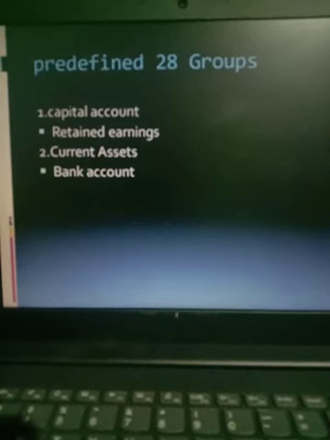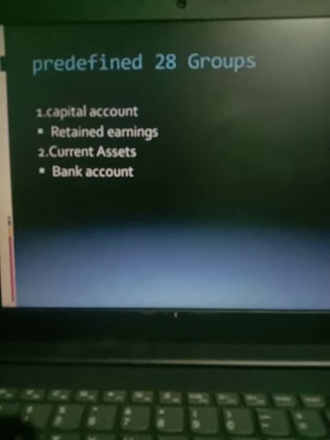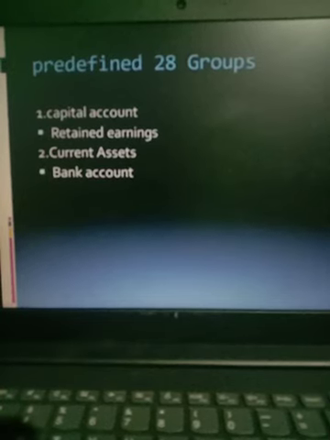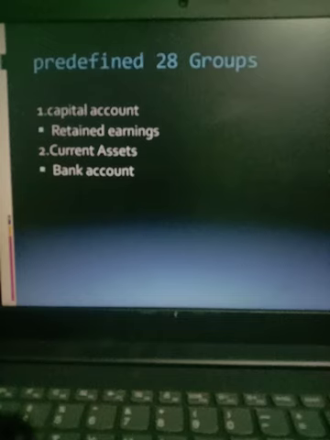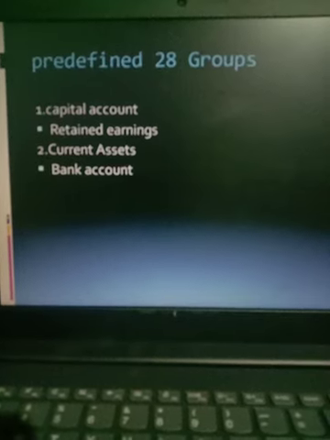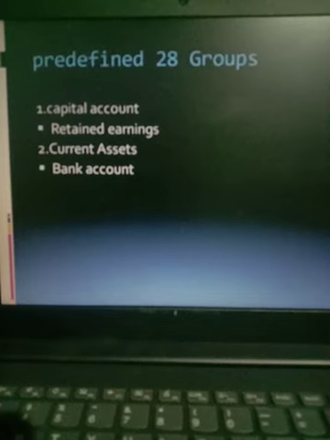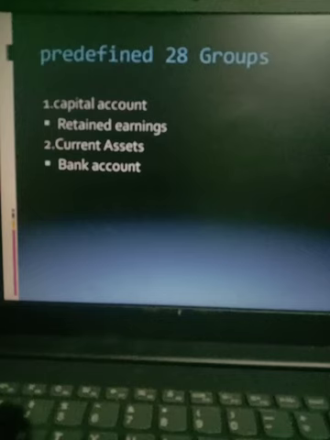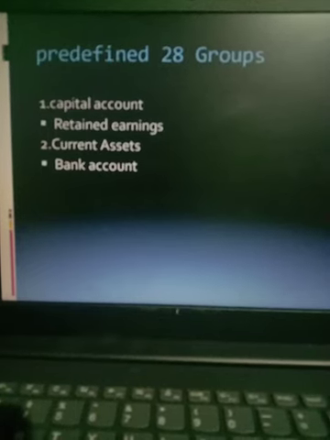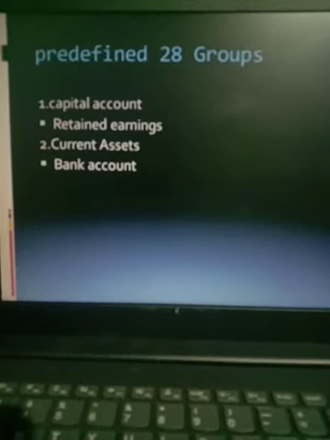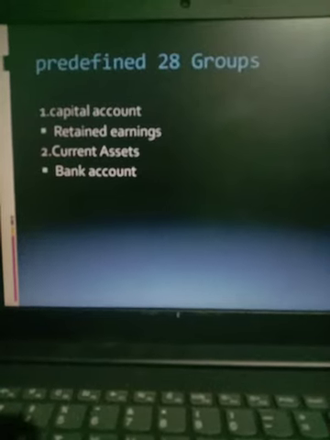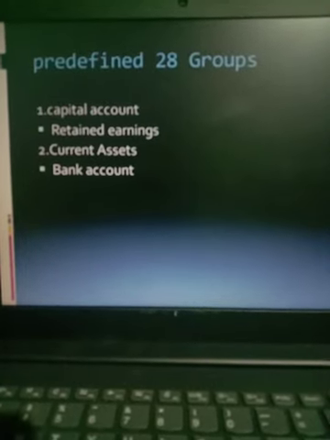Here we will consider only a savings bank account as well as a current account as bank accounts. Here we will never consider bank overdraft or any loans and advances. So bank accounts means only the savings bank accounts as well as current accounts created by the company or company employees.